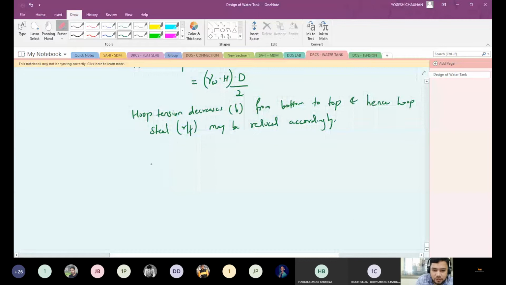And this hoop steel is provided horizontally.